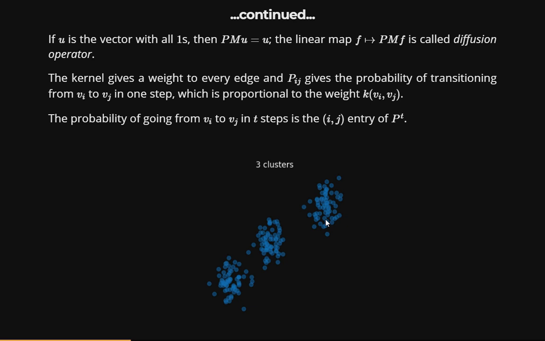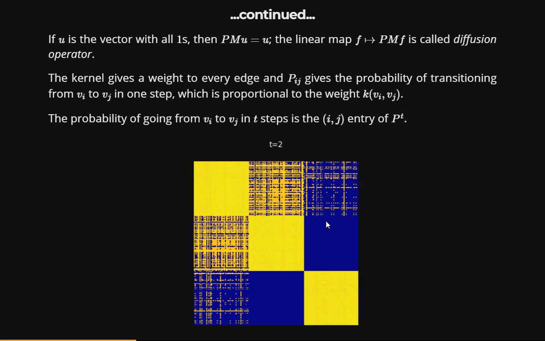And now we plot the matrices P to the t. So for t equal 2, for example, P squared, the entry ij is the probability to go from i to j in exactly 2 steps.